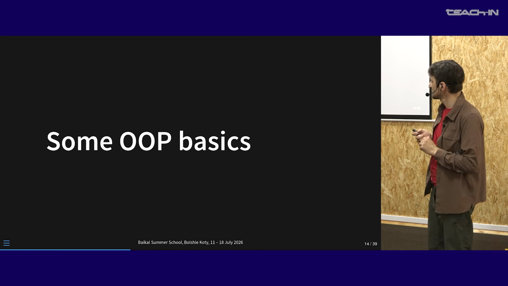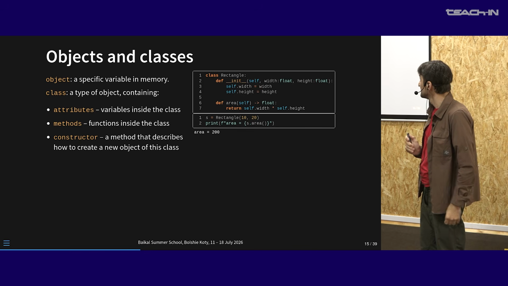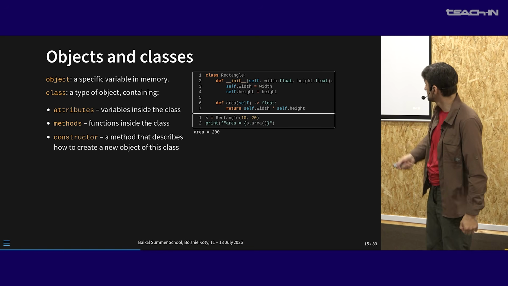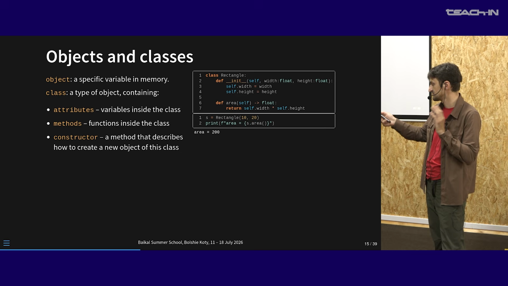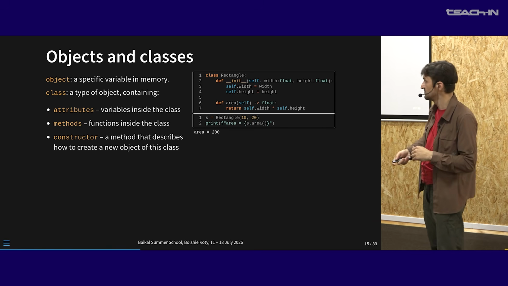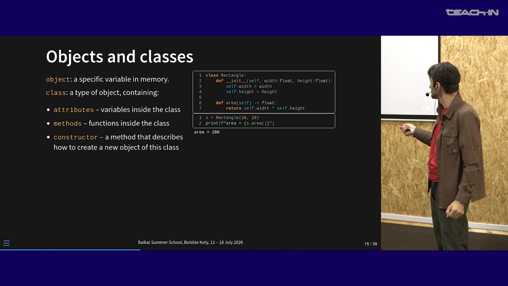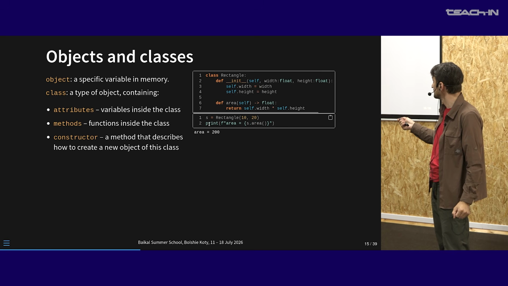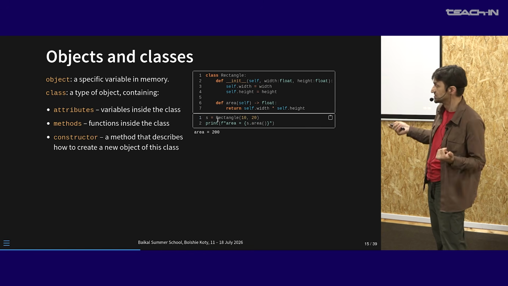Okay, so for object-oriented programming: an object is just a specific variable in memory. It's some bytes in memory which have a type assigned to them. So in this example, the variable s points to memory and it has a type of rectangle, and this is an object.